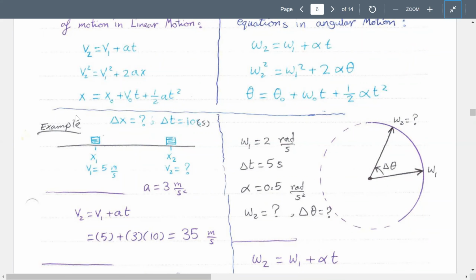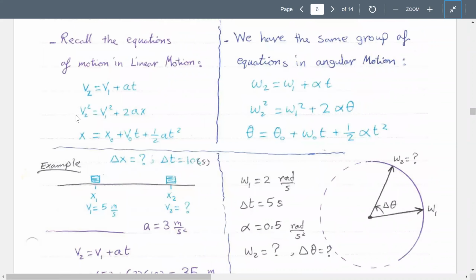In rotational motion, we have the same thing. As I told you from before, we have theta instead of x in rotational motion. We have omega 1 instead of V1, and omega 2 as the final velocity. We have the acceleration A, and we have the angular acceleration alpha.